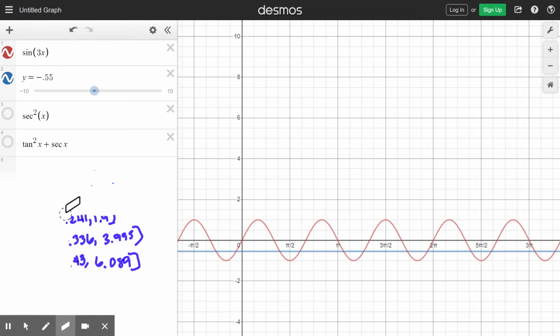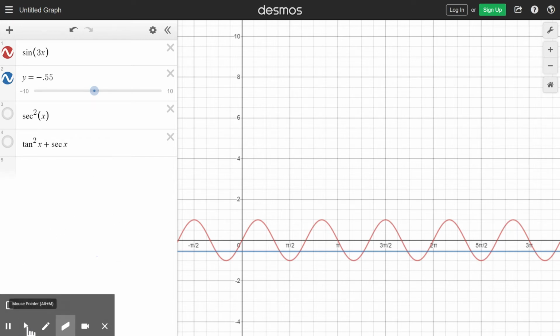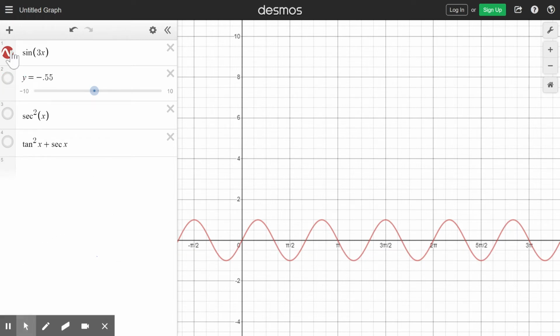It's a very slow eraser. Okie dokie. So I'm going to turn these graphs off. Okay, again, we're solving this for values that make the inequality true.